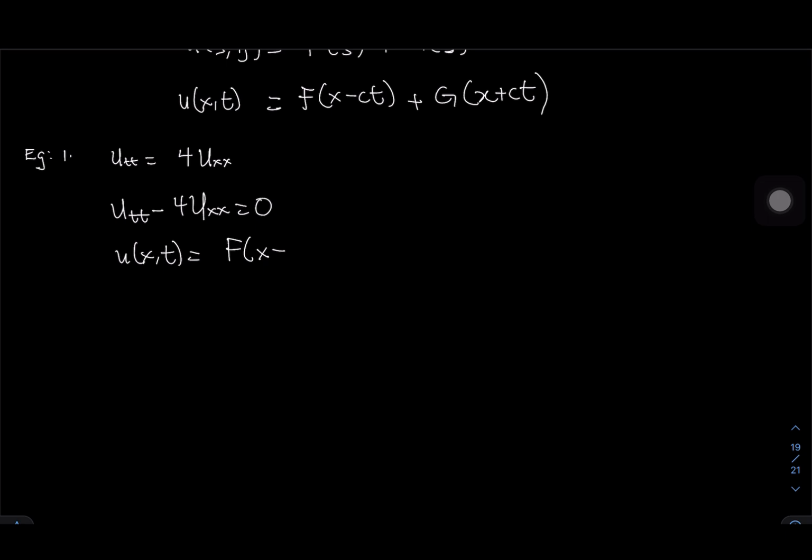So what is c here? Comparing with u_tt minus c squared u_xx, c is 2, so the solution is f(x minus 2t) plus g(x plus 2t). That's really simple to solve.